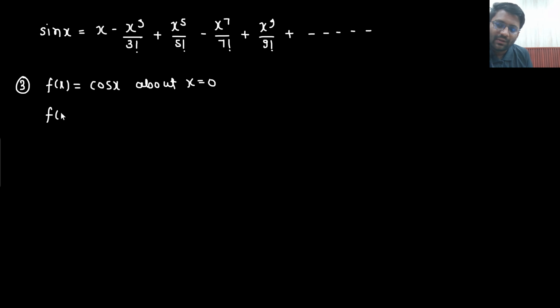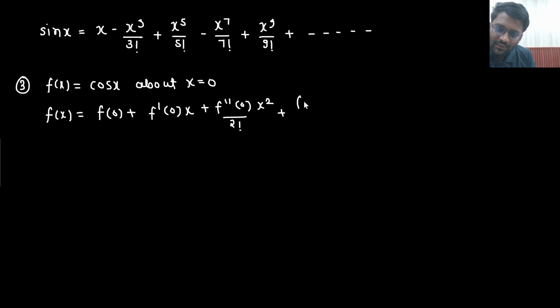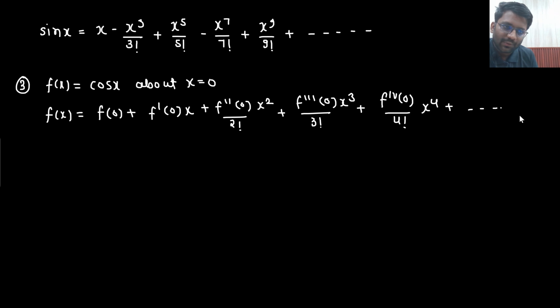Sir, what do I need to write down? f of 0 plus f dash 0 plus f double dash 0, f triple dash 0, and the 4 times differentiation 0, and so on.